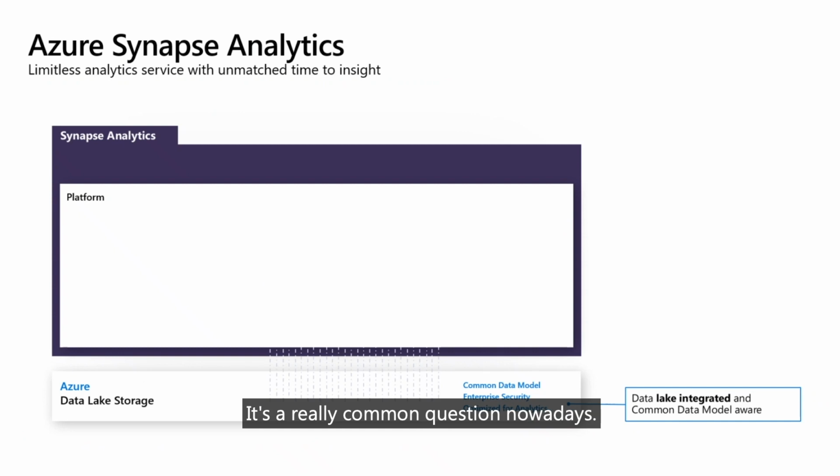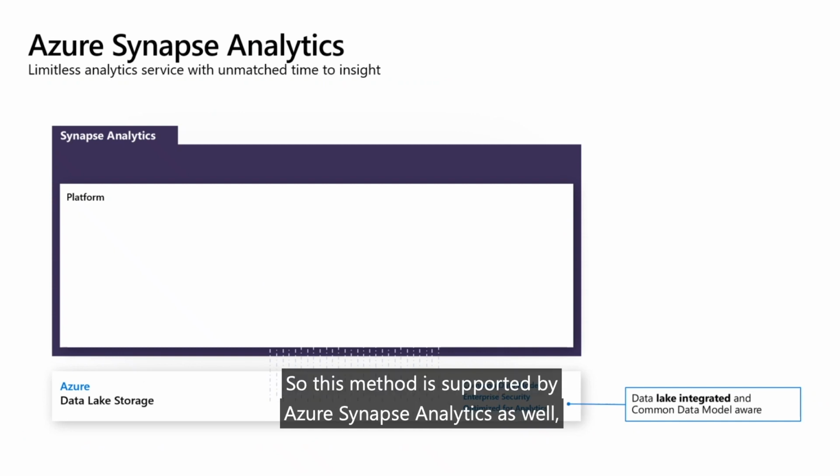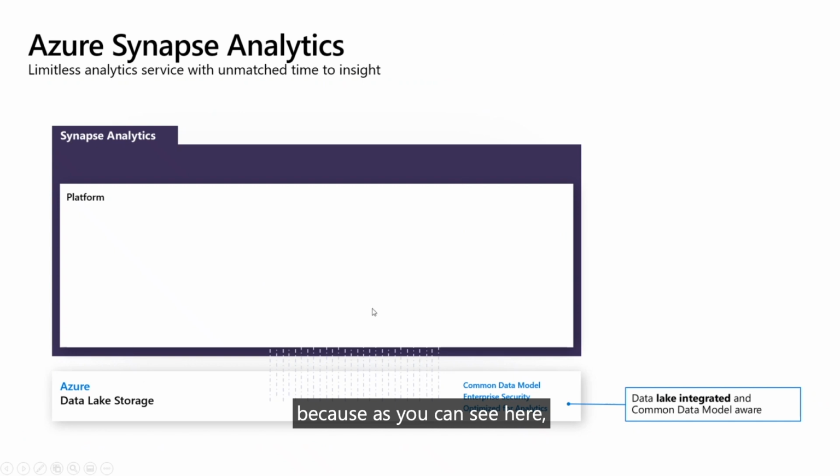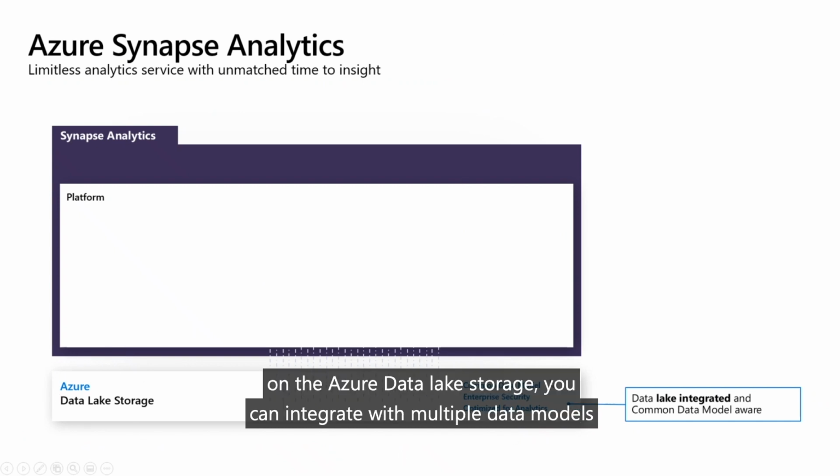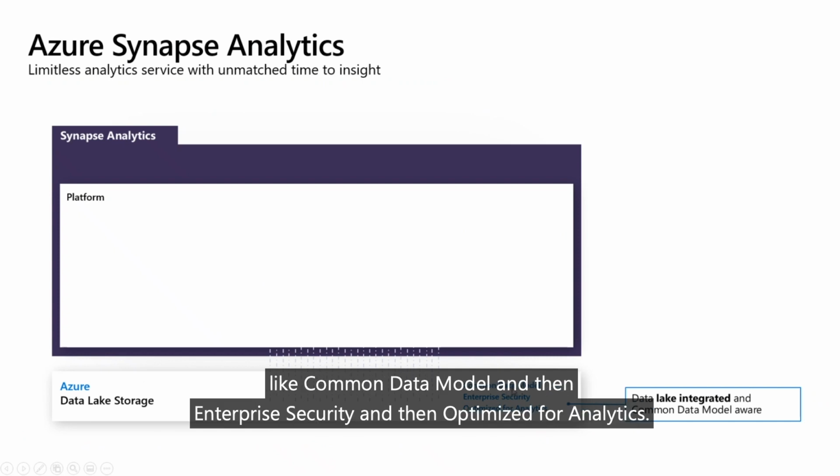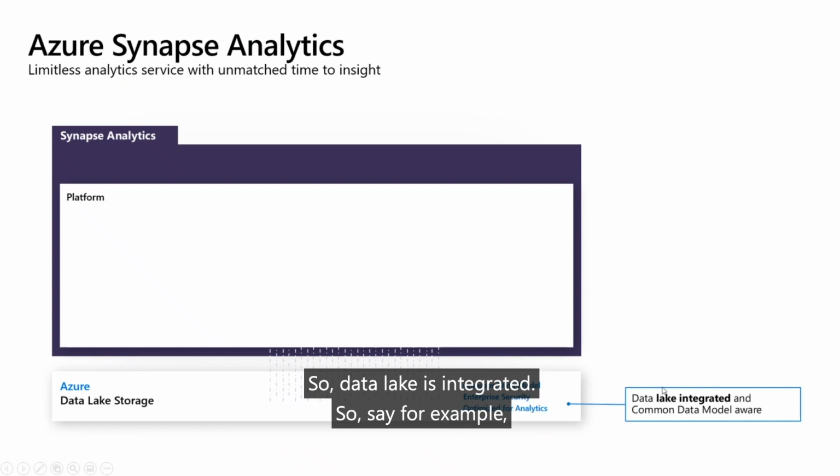It's a really common question nowadays. This is supported by Azure Synapse Analytics as well, because as you can see here, on the Azure Data Lake Storage, you can integrate with multiple data models like the common data model, then enterprise security, and then optimize for analytics. So the data lake is integrated.